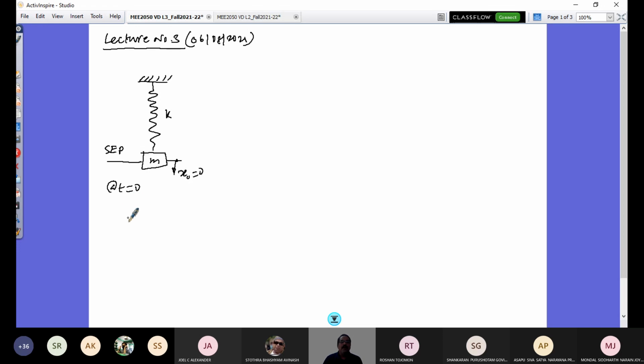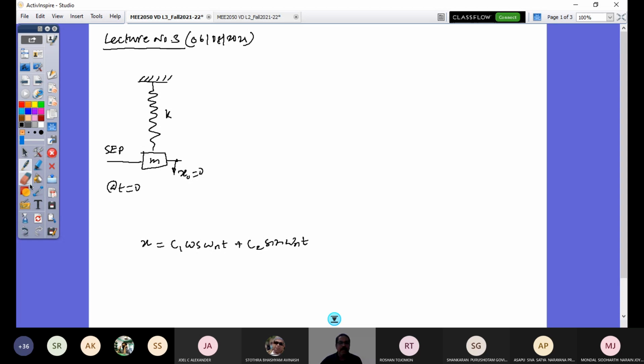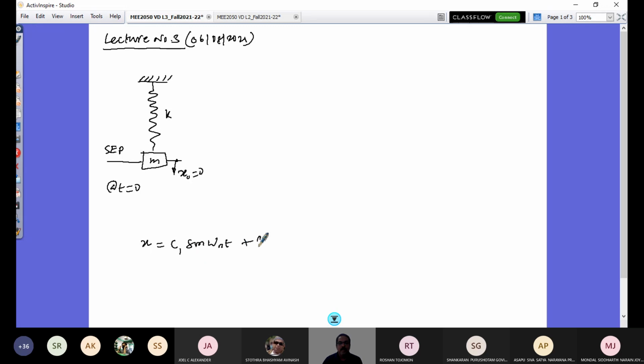So if that is so, what was our general equation that we have seen yesterday? That is x is equal to C1 cos omega nt plus C2 sin omega nt, right? And then is it sine and cos, or did we write it the other way around? We have written it the other way around, so let me take it in the same form. x is equal to C1 sin omega nt plus C2 cos omega nt.